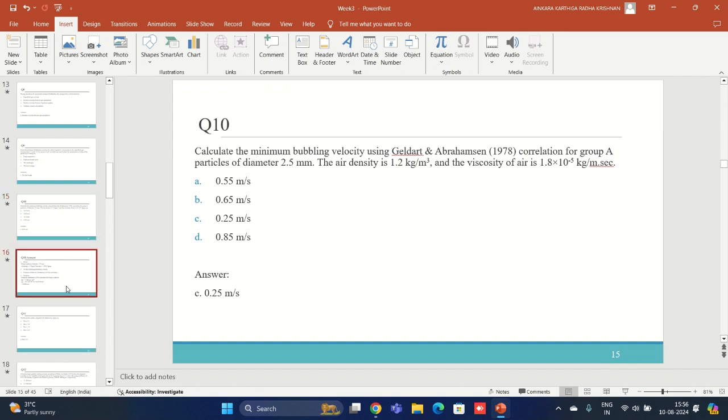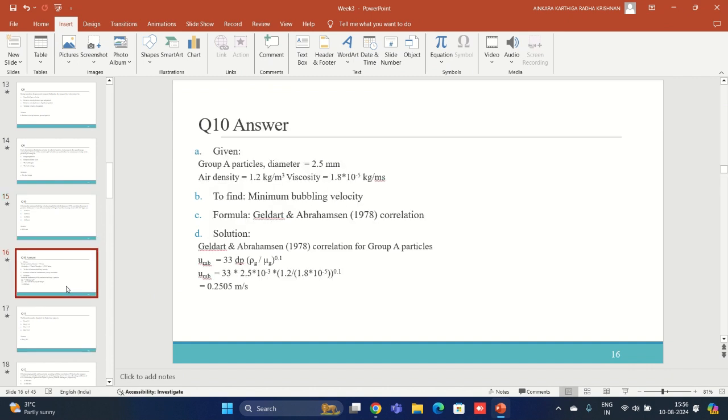So we'll look back at the problem once again. What is given? The particles are group A particles of diameter 2.5 mm, and we are using air as a fluid, with density 1.2 kg per meter cube and viscosity 1.8 into 10 power minus 5. We need to find the minimum bubbling velocity, and the formula we are asked to use is the Geldart and Abrahamson correlation.